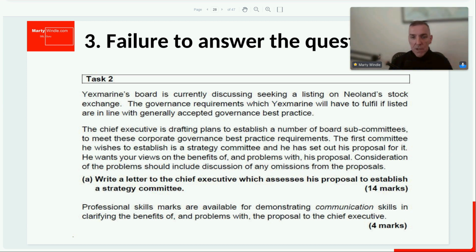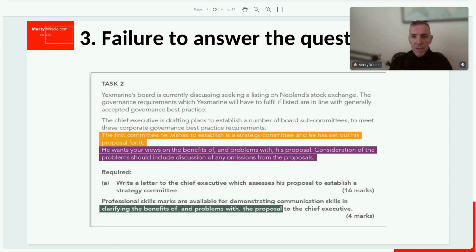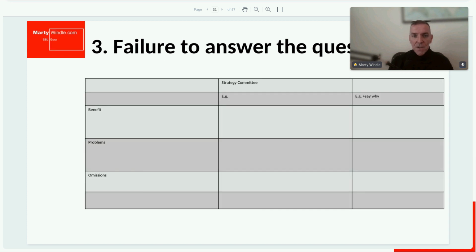So you've also got omissions. So read the preamble. It may be important when crafting your answer in the exam. A lot of students didn't do that omissions part in the exam.